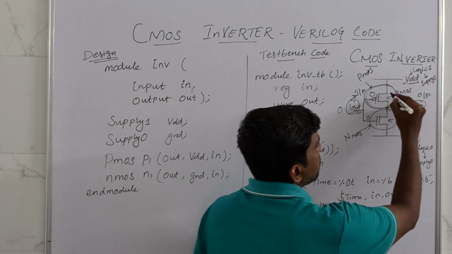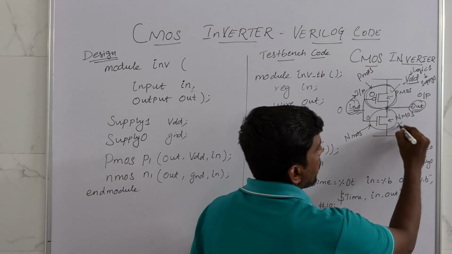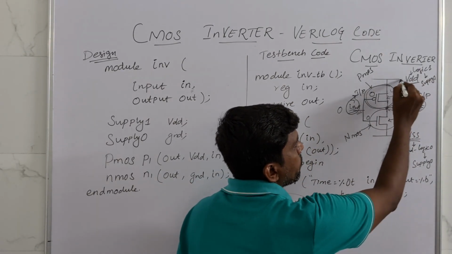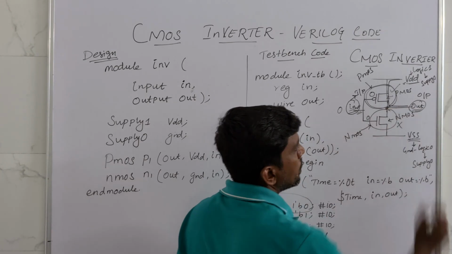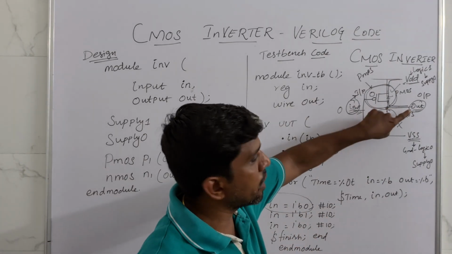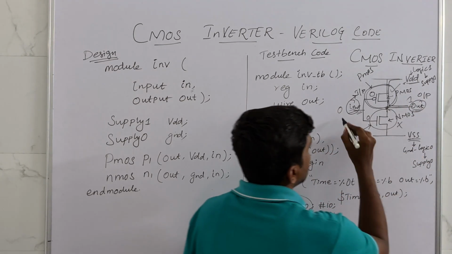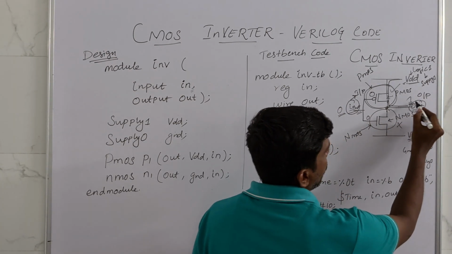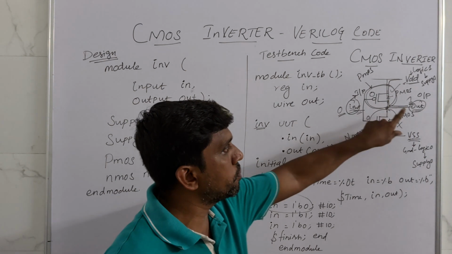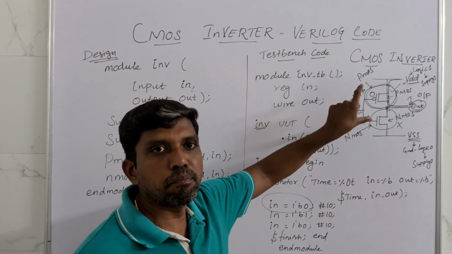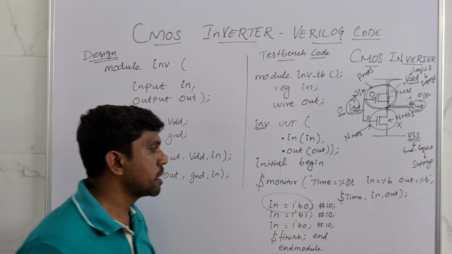In this case, the PMOS transistor is turned on and the NMOS transistor is turned off. So VDD is connected to the output terminal. So now the output is 1. Input is 0 but output is 1. You get the complement of the input value at the output. So this is the basic operation of the CMOS inverter.